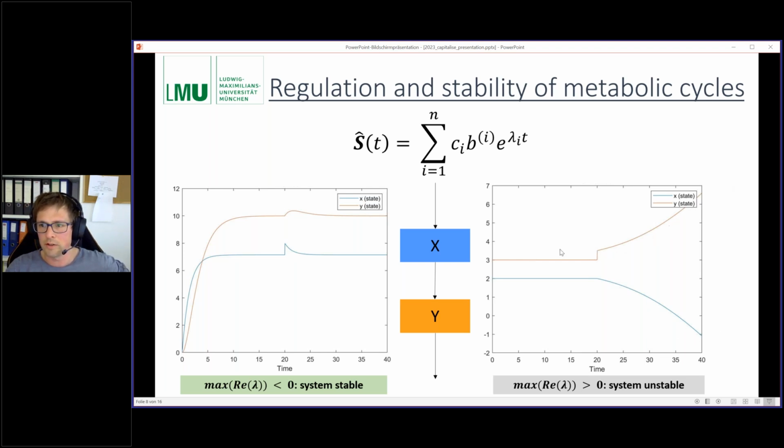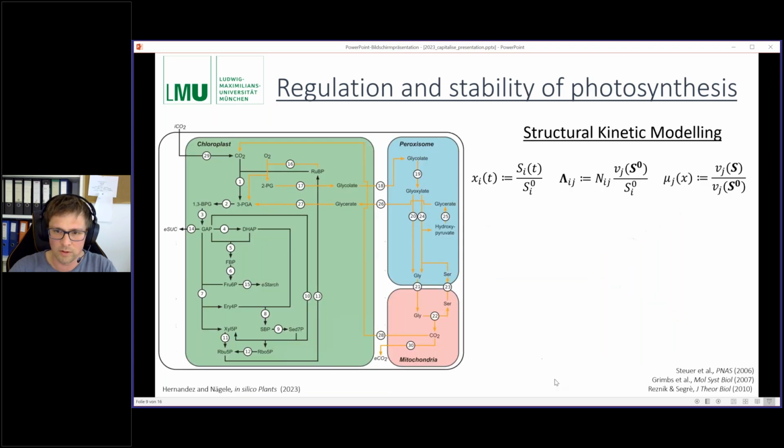So there's no coming back to the original homeostasis, and that's why we term the system unstable. The RE abbreviation indicates that the eigenvalues are complex numbers, so they consist of a real part and an imaginary part. We will focus solely on the real part, because if we find that they are negative, then we say that the system behaves stable. If it's positive, we term it unstable.